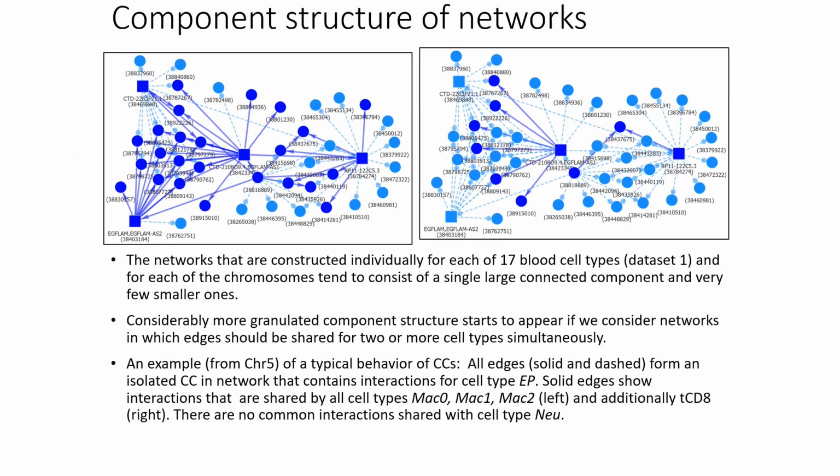Another notable topological feature is the structure of connected components in networks. We discovered that we can find a rather large set of tissue types that all have most of the links of the connected component, while there is also a set of other tissues that contain very few of the links of a component. This way we can find tissue-specific components.